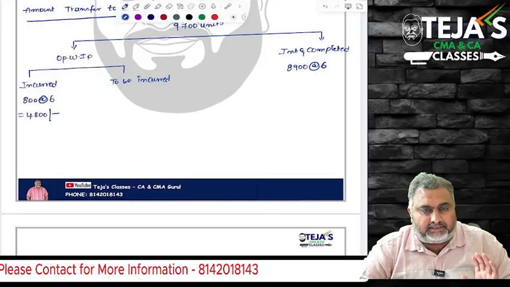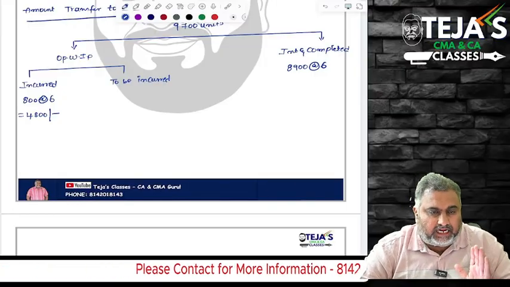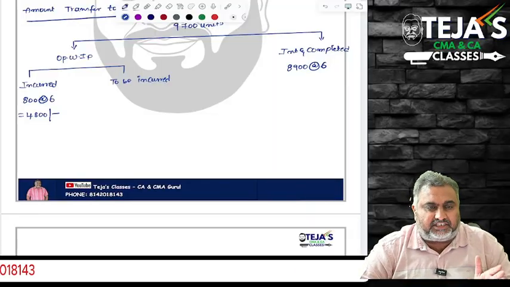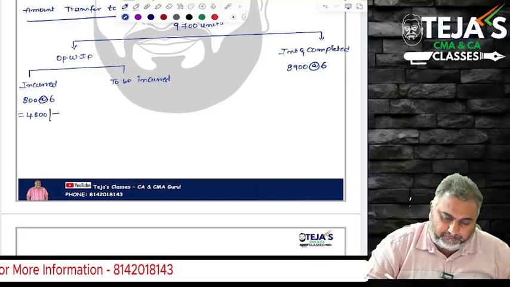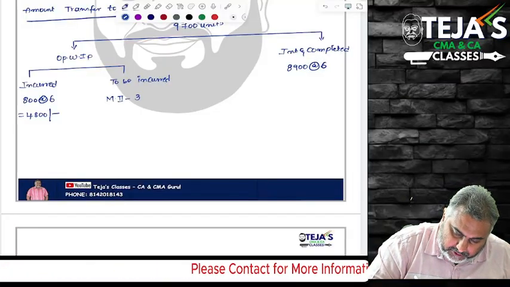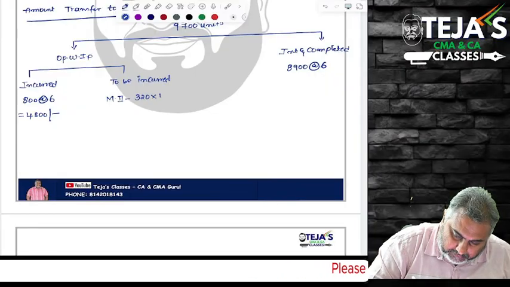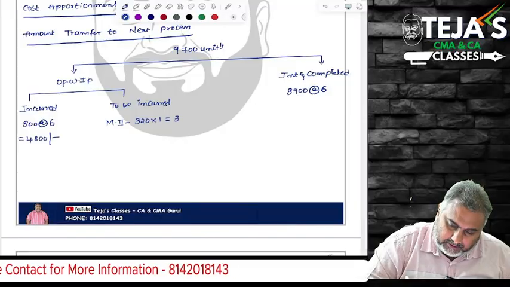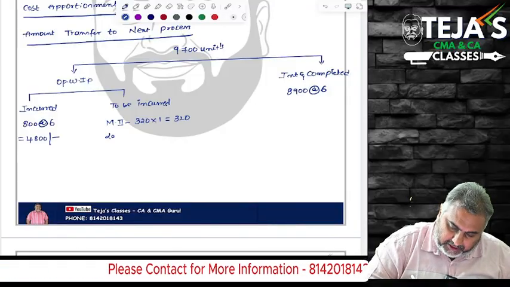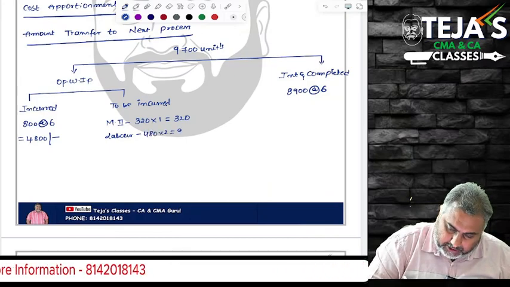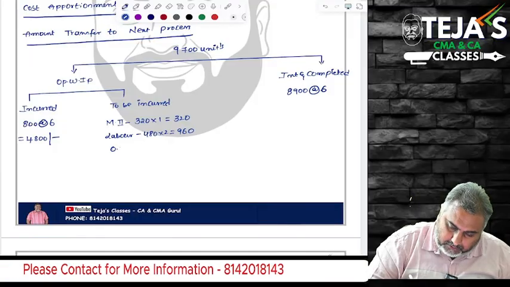To be incurred means what? Material 2 balance 40% completion, labor and overheads balance 60% completion. That's the reason material 2, 320 units into 1 rupee, material 2 cost per unit, yeah, 320. Labor 480 into 2, 960 rupees.